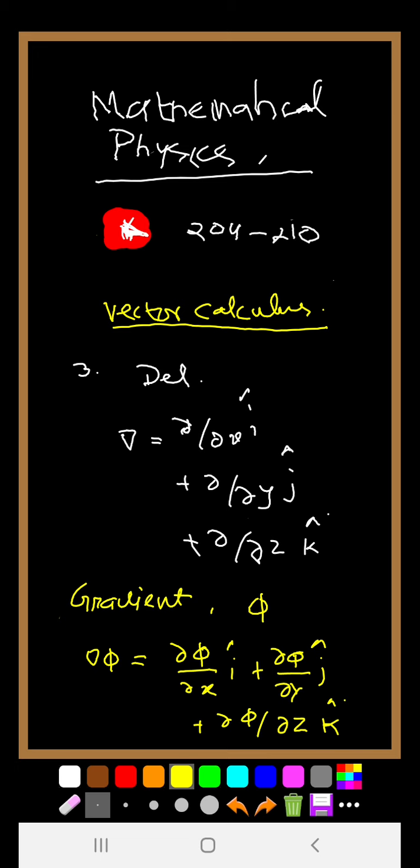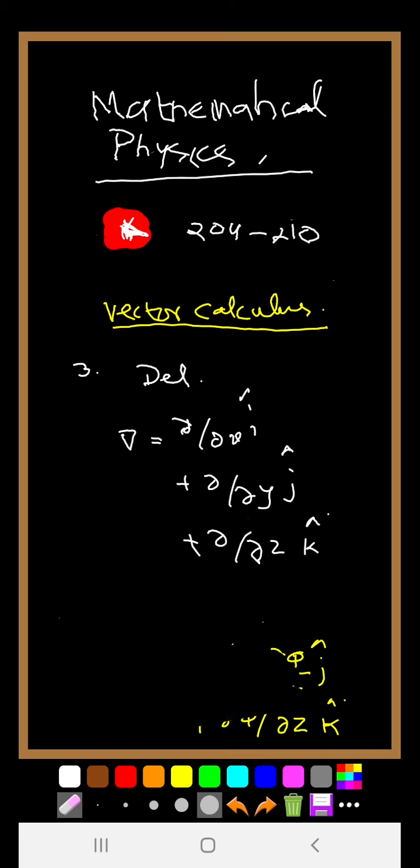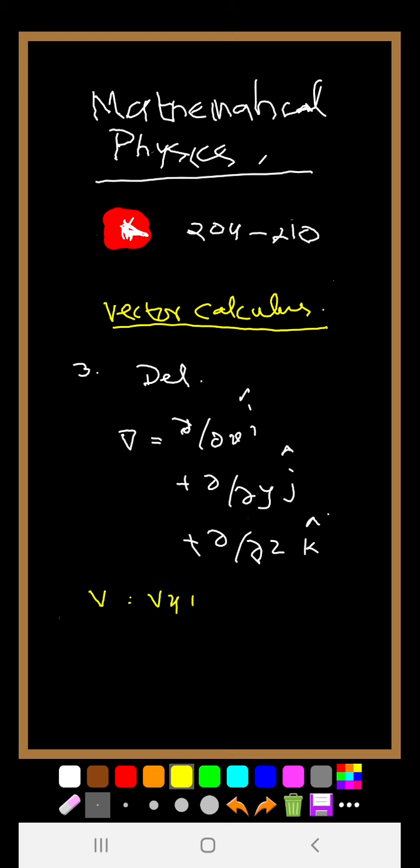And if we have a vector quantity, suppose you have a vector V which is equal to Vx i plus Vy j plus Vz k. That means it has three components, Vx, Vy and Vz, in the three directions x, y and z, i, j, k. Then we have something called a divergence.